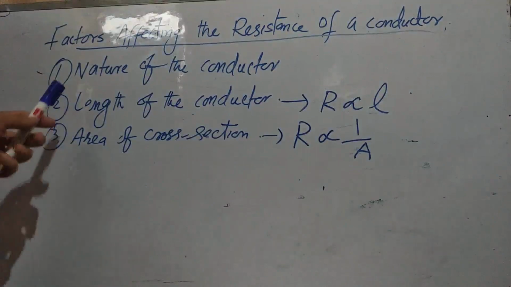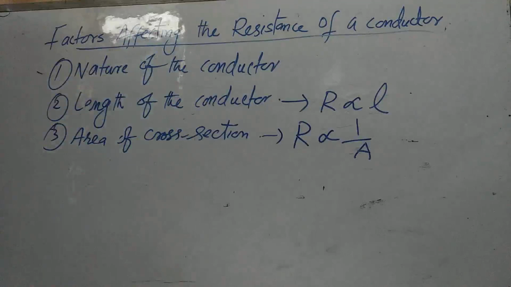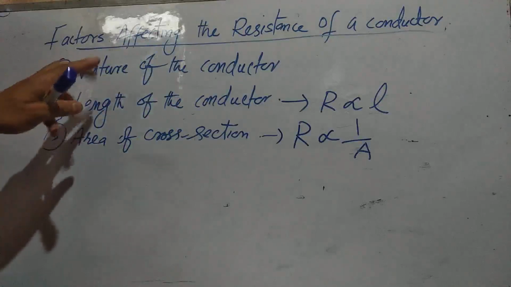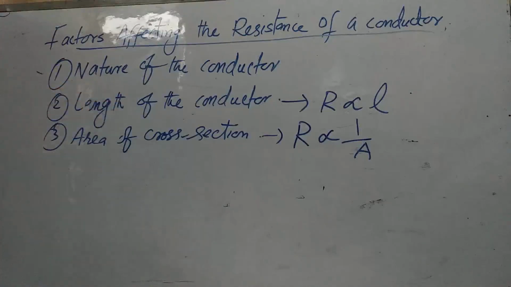And the third one we talked about was nature of the conductor. So what is the effect of nature of conductor on the resistance? The electrical resistance of the conductor depends on the nature of the material of which it is made. For example, copper offers one resistance, iron offers some other resistance, and aluminum has some other resistance.